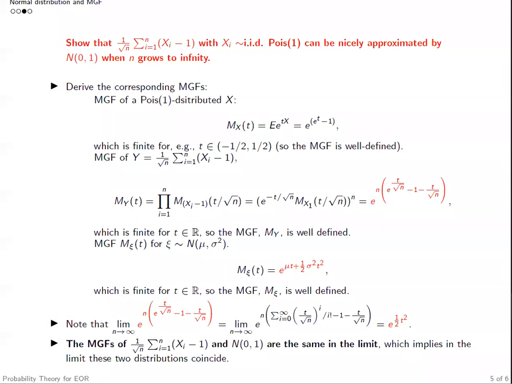And the last property we're gonna discuss using the moment generating function is to show that a sum of n independent normal distributions is still normal, right? Previously we showed this property is also true for Poisson distribution.